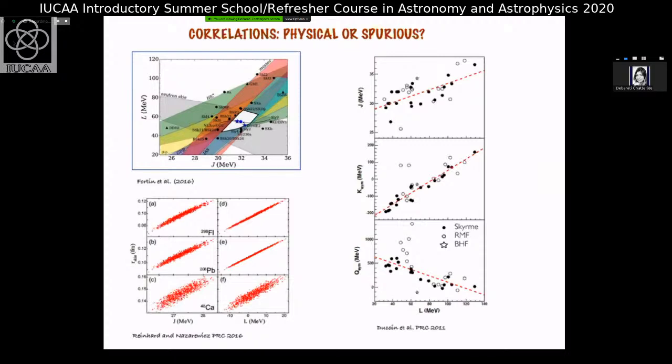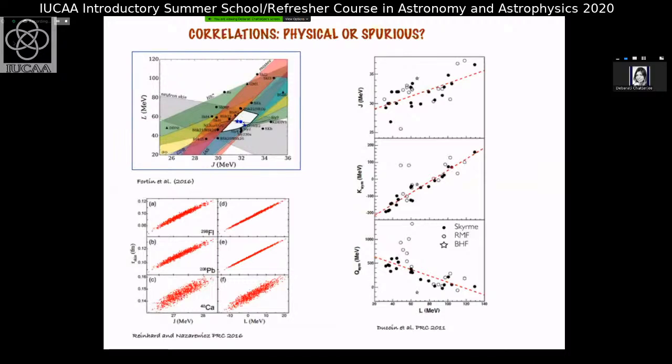In the same way, in the bottom left figure, you see the correlation between the neutron skin and the symmetry energy or the slope of symmetry energy, and this is seen in several nuclei.